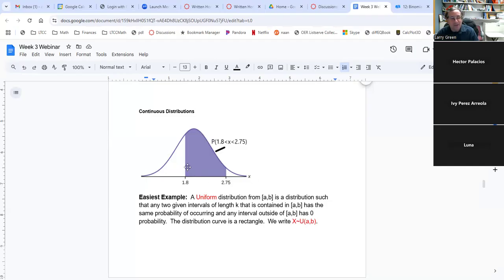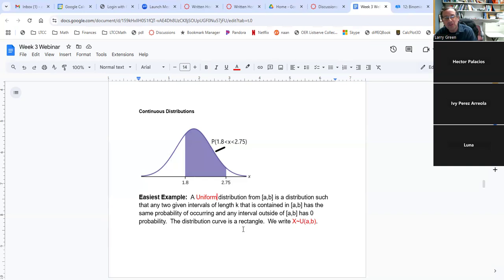On the other hand, the easiest distribution, which isn't the most important, but the easiest, is called the uniform distribution. It has a low and a high. It's continuous, and it's such that any two given intervals of length k that is contained between A and B has the same probability of occurring, and any other interval outside has zero probability.